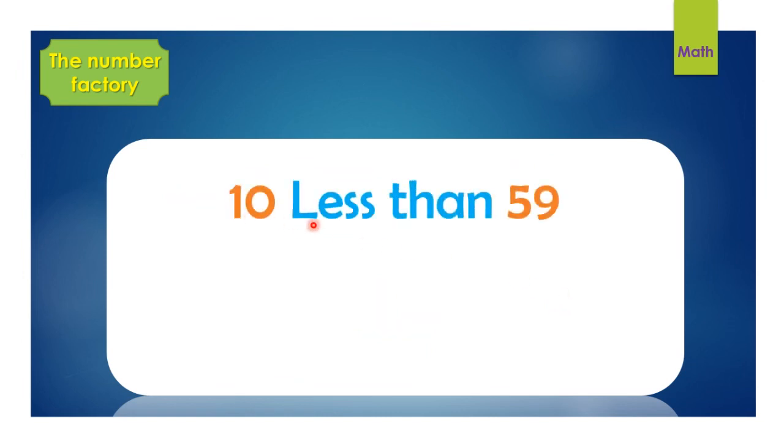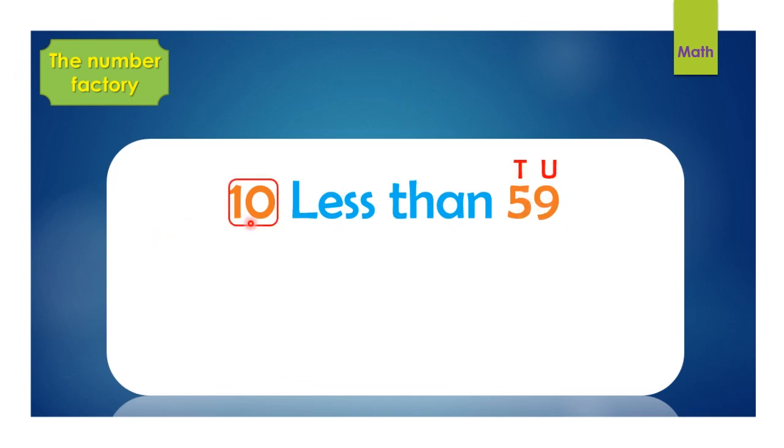Here I have 10 less than 59. How can we get it? First, are we gonna change the tens or the units? The tens. Excellent. So I have to know first which one is units and which one is tens. Excellent. 9 units and 5 tens.